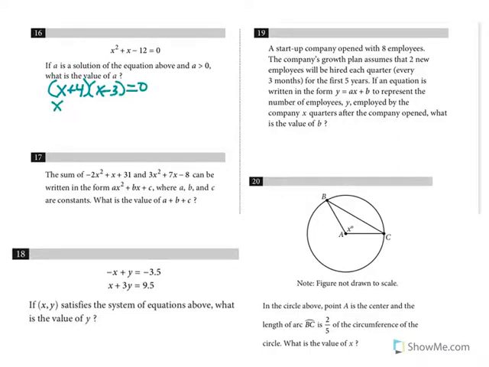We know we're going to set each factor separately equal to 0, giving us x equals negative 4 and x equals 3, but it says a is greater than 0, which means a is our positive solution, which is 3.